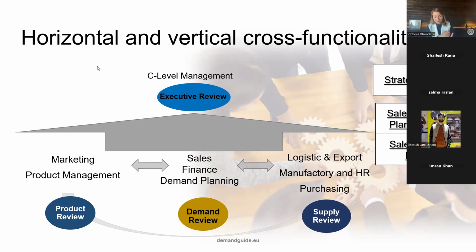This collaboration, this cross-functionality, allows you to be informed about any changes. And here I mean changes on the market, but also changes in the supply, because it is important to be aware if some raw materials are not available.